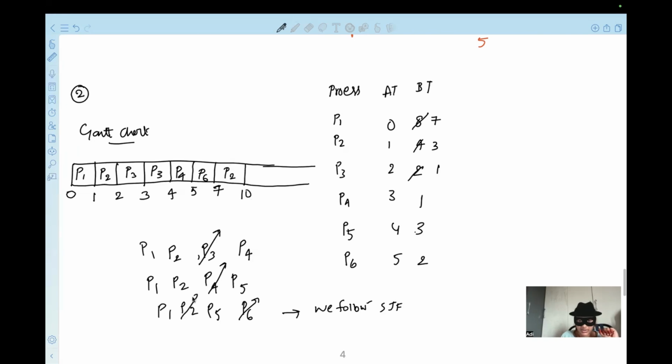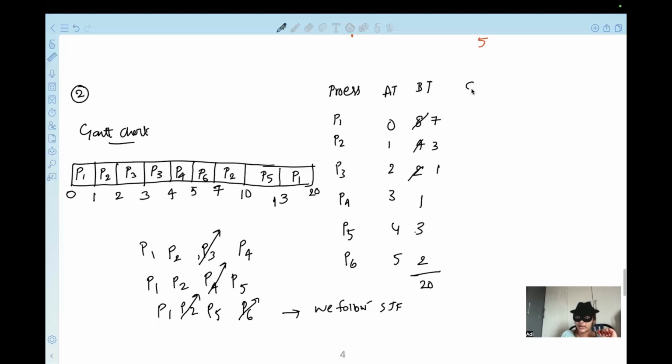And P2 is also completed. In P1 and P5, we'll select P5. That is 10 plus 3 is 13. Is it right? Yes. Next P1. We have 13 plus 7, that is 20. So if you add all these original burst times, you will get 20.